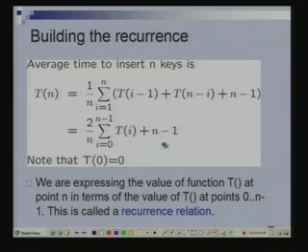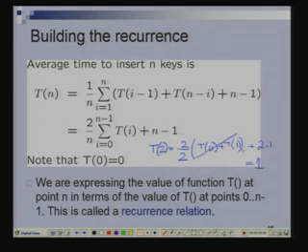If I just use this expression, T of 2 would be equal to 2 over 2 times T of 0 plus T of 1, both of which are 0, plus 2 minus 1. So, this entire thing is 0, and thus it becomes 1. So, T of 2 also turns out to be 1.